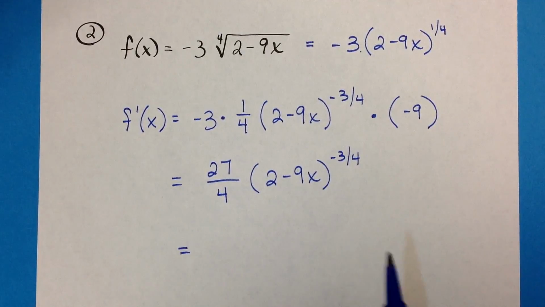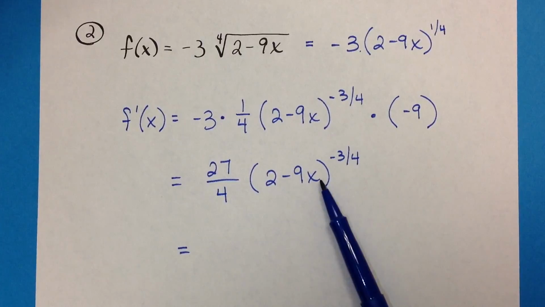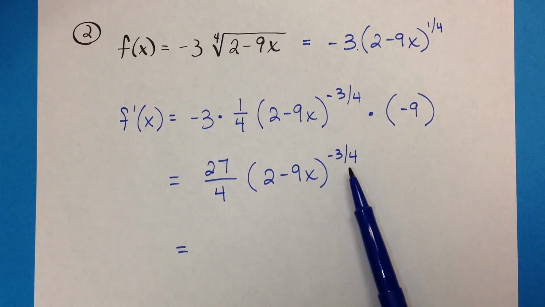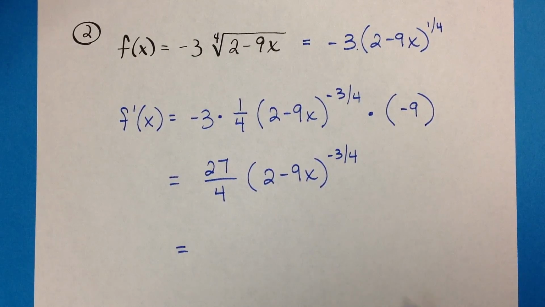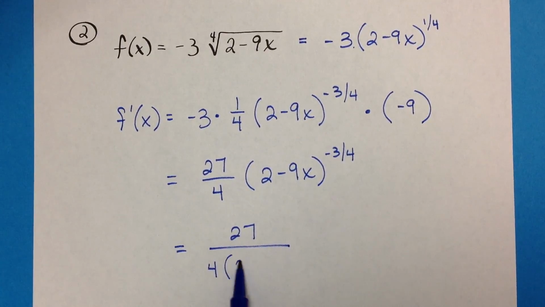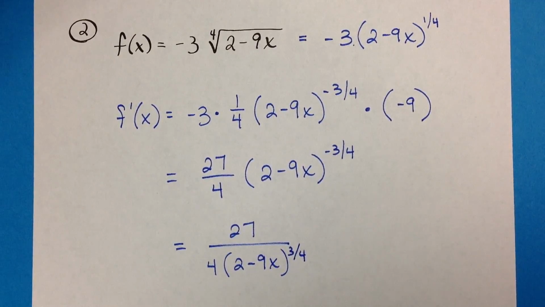I'm just going to take 2 steps here. But you will want to take this and move it to your denominator because of the negative exponent. So that would leave the 27 on the top. And then you would have 4 times 2 minus 9x to the 3/4 power. So you still would need to continue to rewrite things with positive exponents.